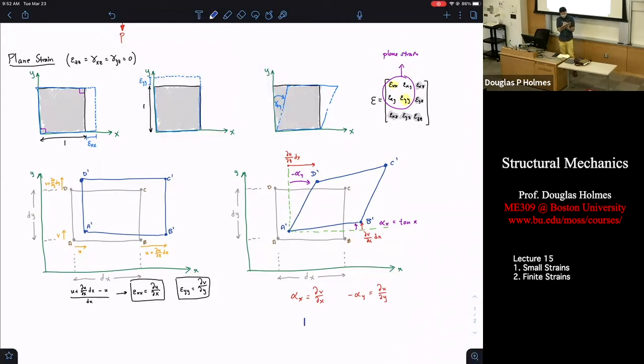I have some angle that can be described by the points DAB. So if I go from DAB to D prime, A prime, B prime, that angular change, as you go from whatever the initial angle between the two material points was to the new angle between those material points, that's our shear strain.